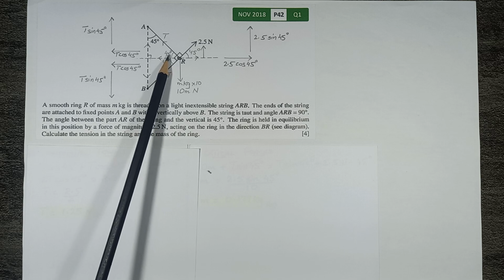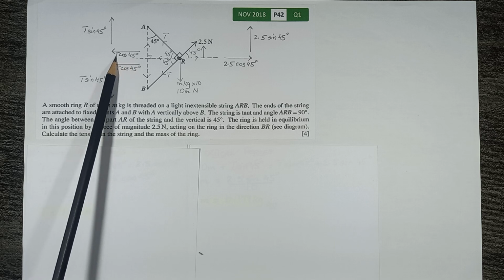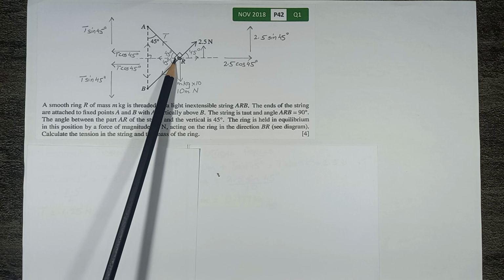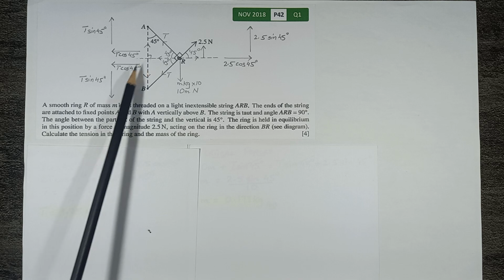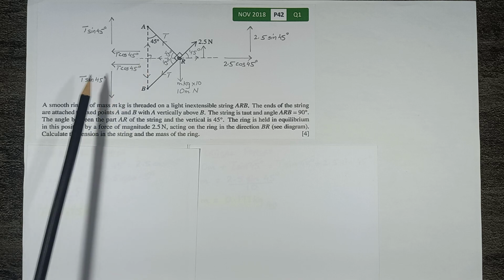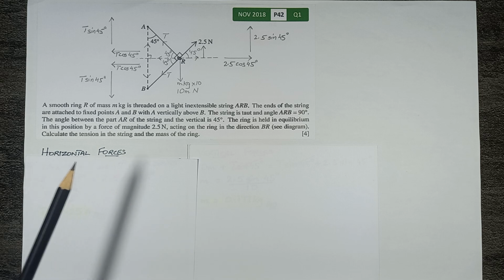For example, if we consider this 45 degree as an angle, then this side would be the cos component and this would be T cos 45 and the vertical would be T sin 45. Similarly, because it is 90, if that is 45, this is also 45. Again, due to this 45 degree, this would be a cos component T cos 45 and a vertical T sin 45 pointing downward.